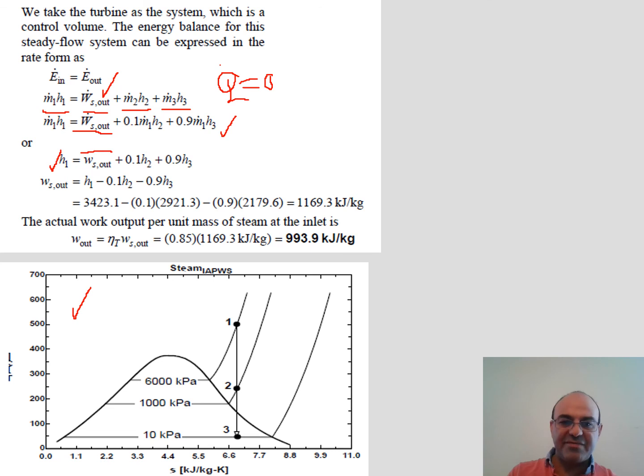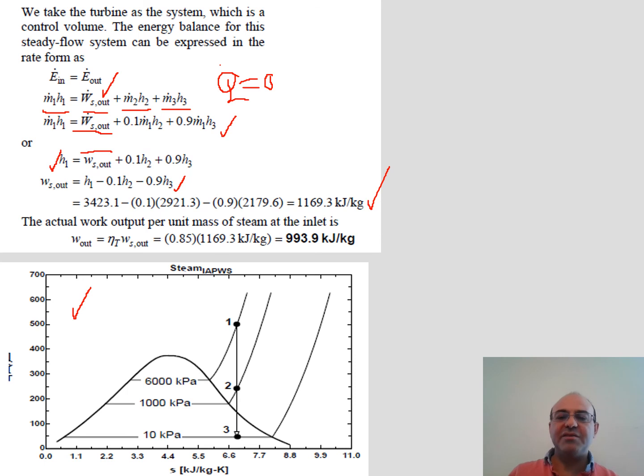We can go ahead and find Ws out because H1, H2, and H3 are known. In the previous slide, we showed them as H2S and H3S. These are known, we just plug in the numbers and get the turbine work per unit mass.